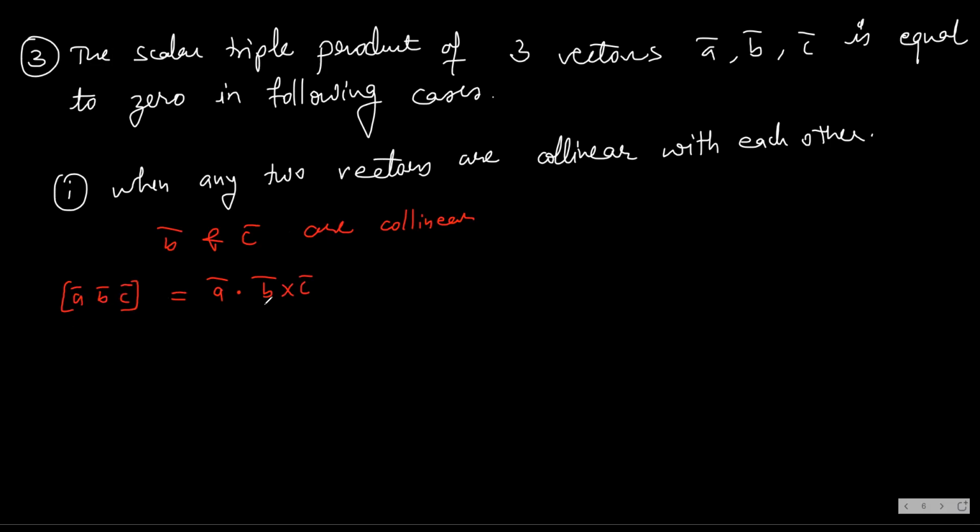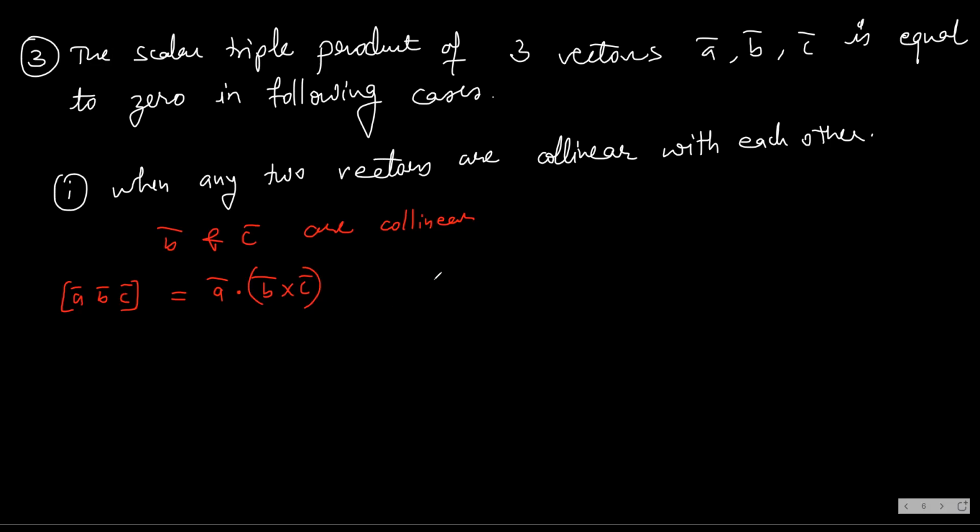Now see, if you have the two vectors B bar and C bar collinear, what will be the angle between B bar and C bar? The angle between them will be either 0 or 180 degree. If they are collinear and in the same direction, then B bar and C bar will be having angle between them 0.